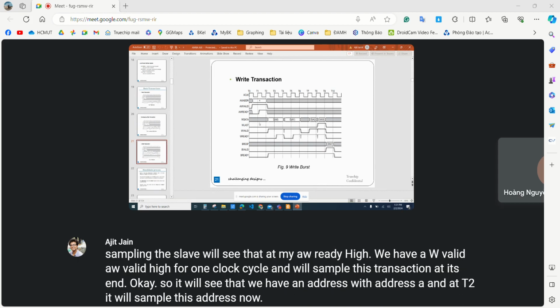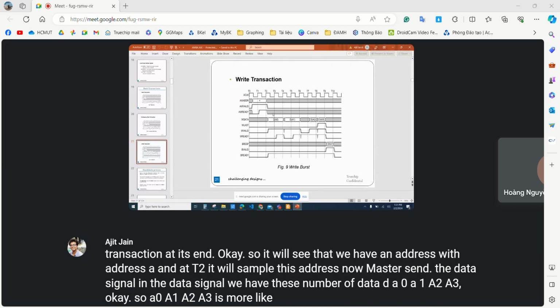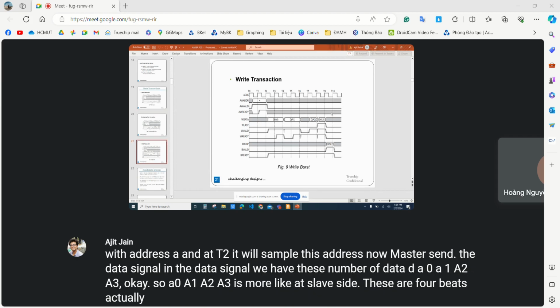Now the master sends the data signal. In the data signal we have the data DA0, A1, A2, A3. These are four beats actually, which means the length that the master has sent is four.